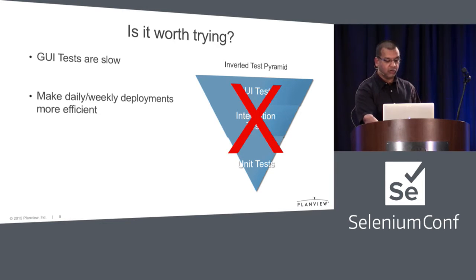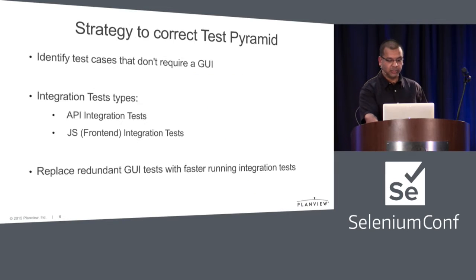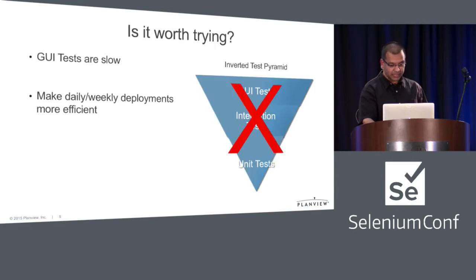With the goal of making weekly deployments, and in future daily releases, more effective, the idea of having unit tests, integration tests, and GUI tests in the right proportion makes perfect sense. So we decided to correct the test pyramid.